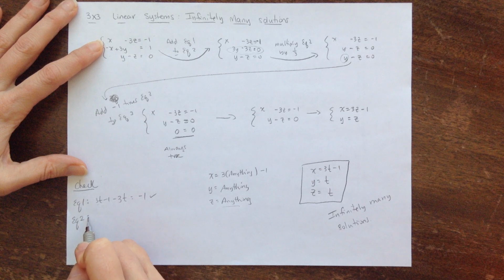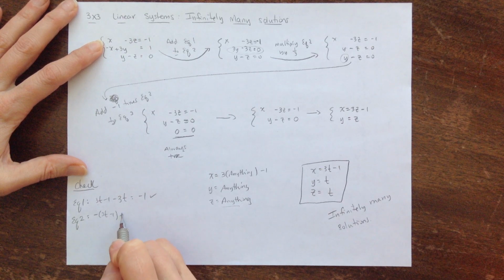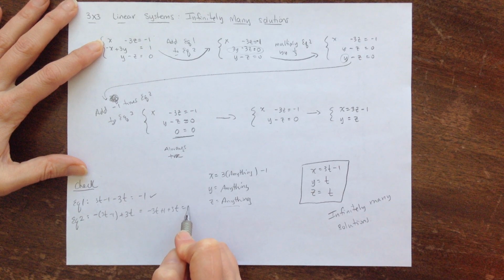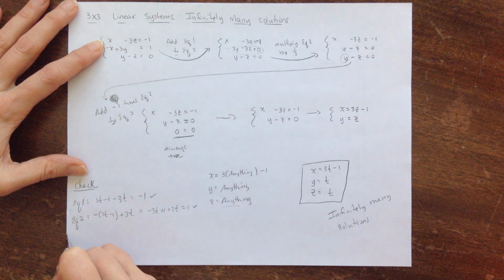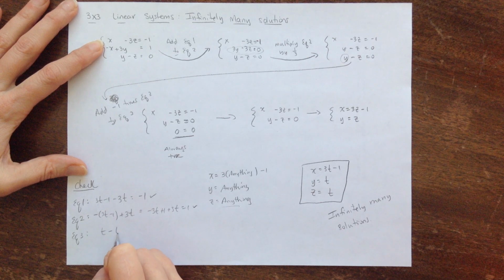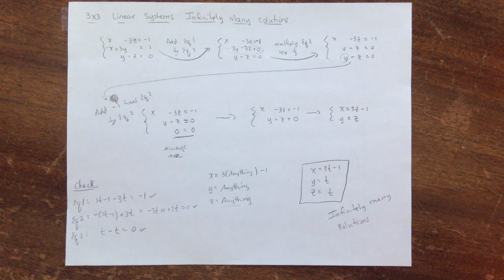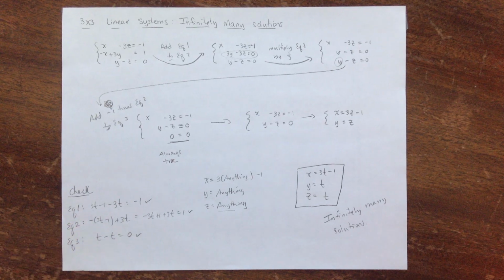Check in equation 2, you get -3t minus 1, because that's our x, plus 3y is 3t, that's equal to -3t plus 1 plus 3t is equal to 1, which is what you have on the right hand side there. And equation 3, I hope, will also check. That one obviously checks. Y is equal to t, z is equal to t, that is definitely equal to 0, so that checks. And so here's a case where we have infinitely many solutions.